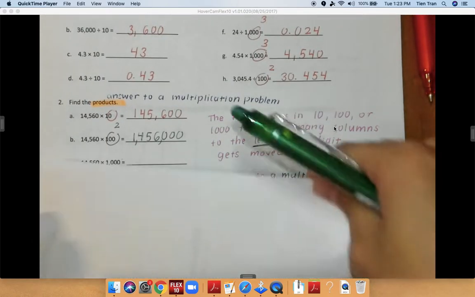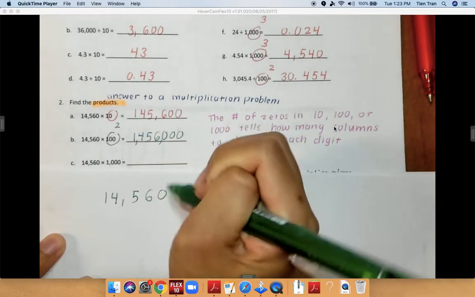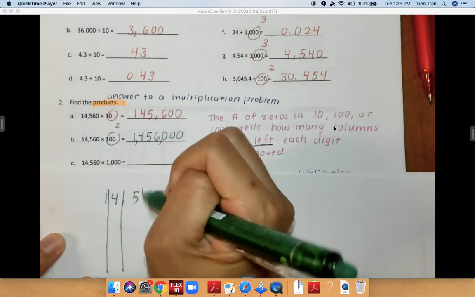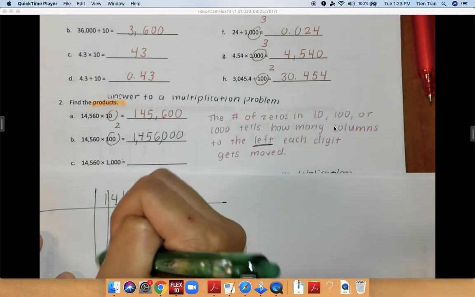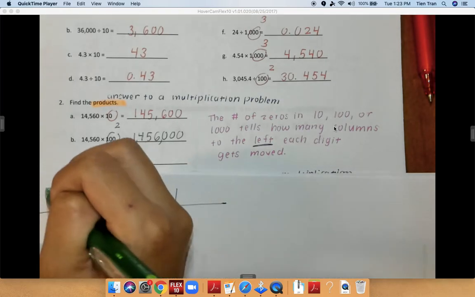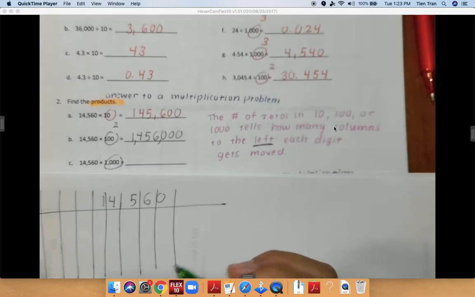Okay, the next number I have here is 14,560. I'm going to make sure that I draw lines for every single one of them, and I am multiplying. So that means that my number is going to get larger, okay? And how many times am I moving over? 3 times.